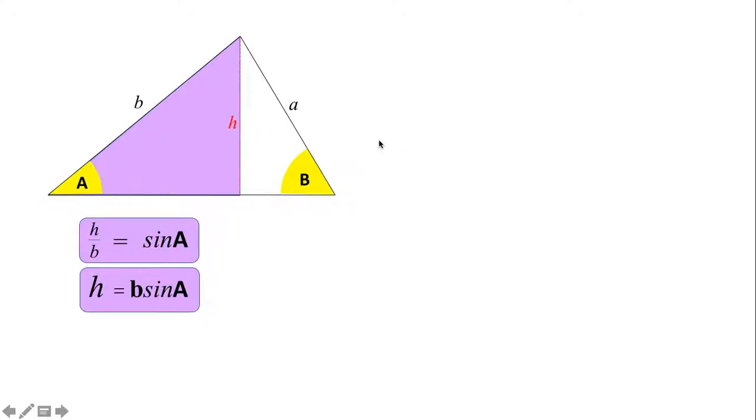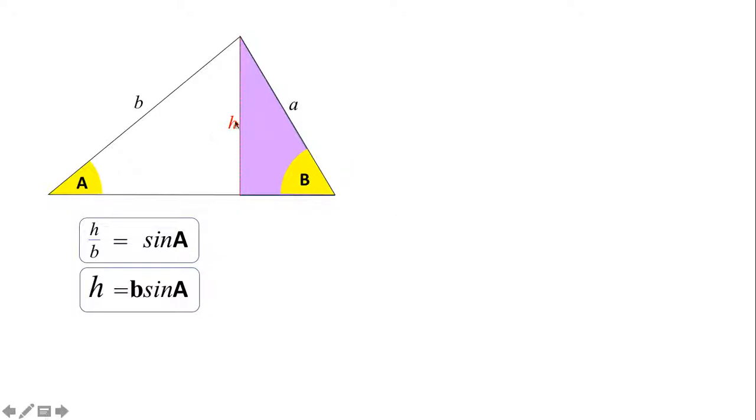Now I'm going to look at the other triangle, and I've got angle B in this one, and side A is the hypotenuse of this triangle, and side H, not the hypotenuse, H isn't standing for hypotenuse, but H is the side opposite angle B there.